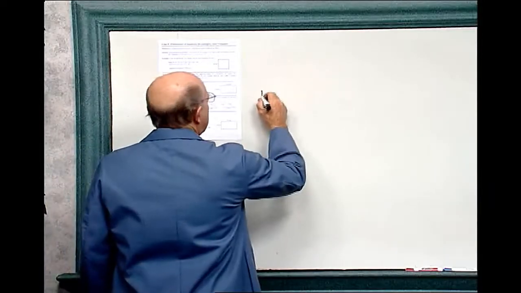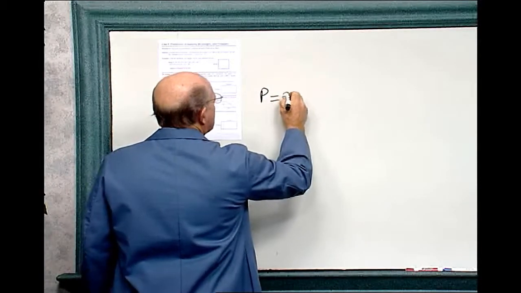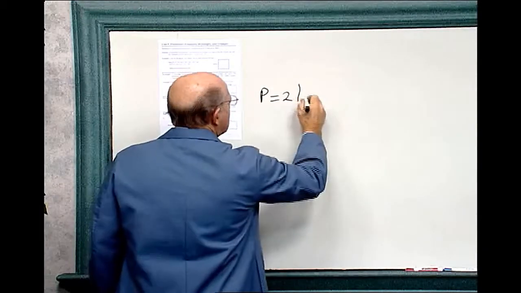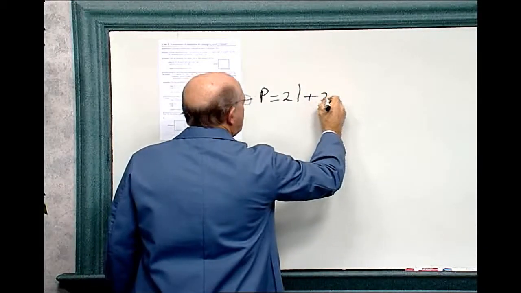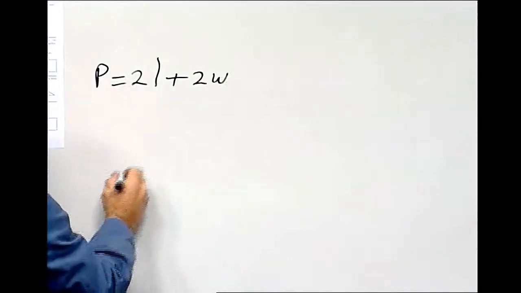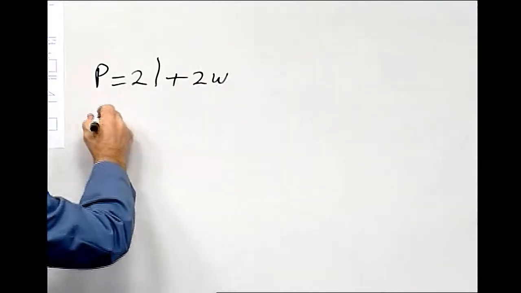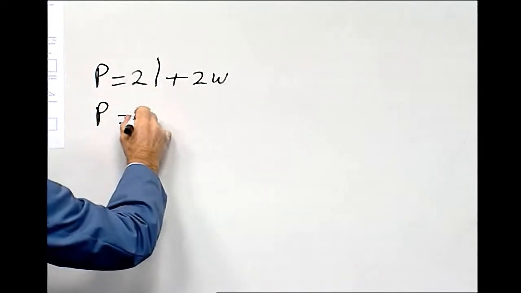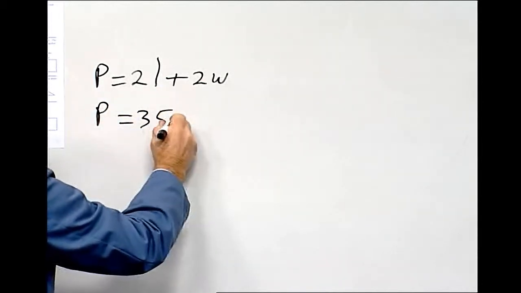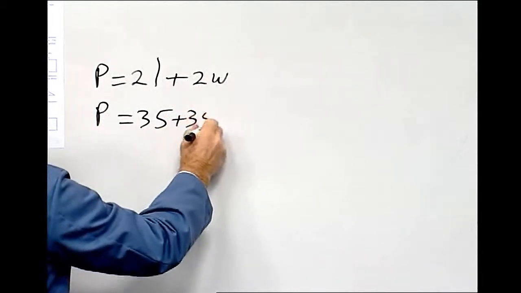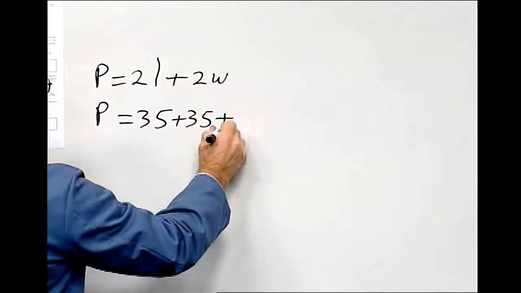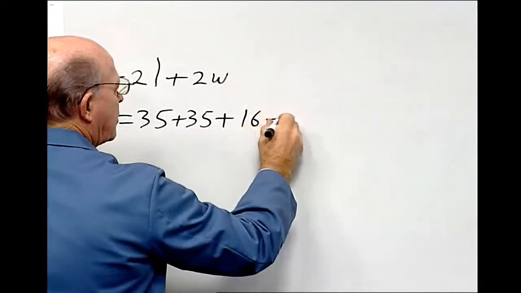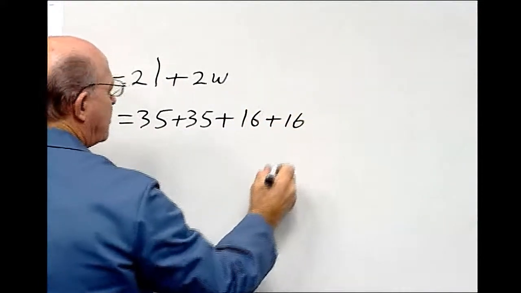The 2 lengths are the horizontal lines, plus the 2 widths, the vertical sides. So P equals, and the length is 35 inches, so it's 35 plus 35 plus the 2 widths, which are 16 inches, 16 plus 16.